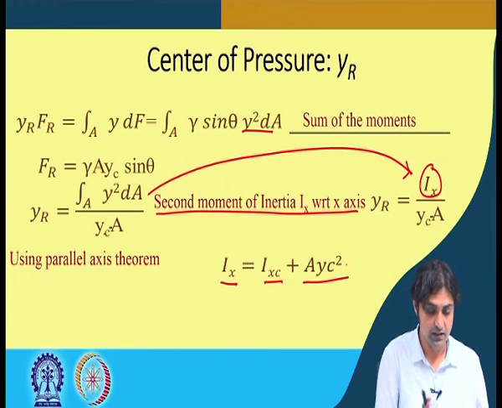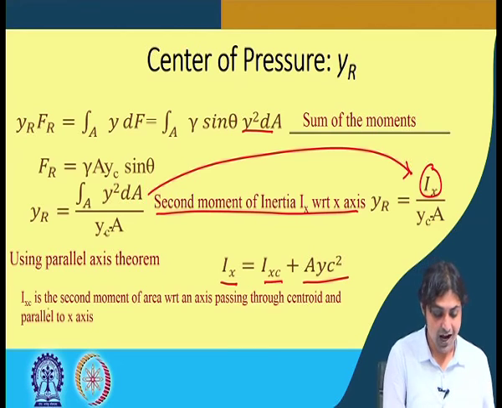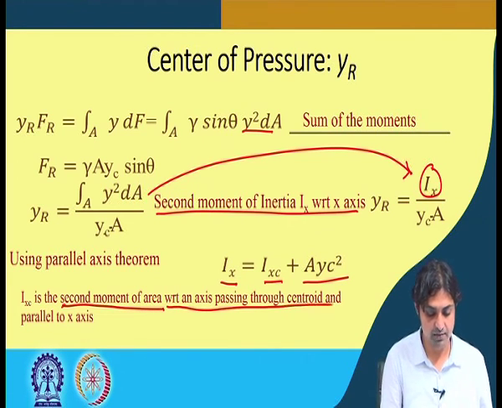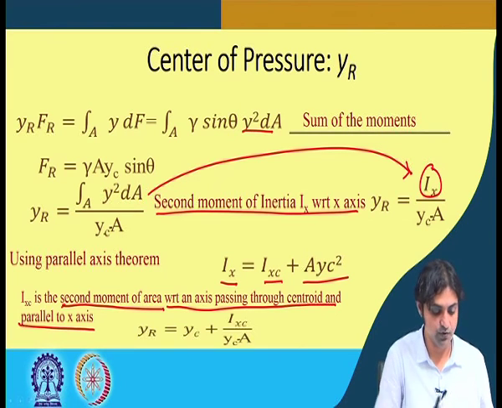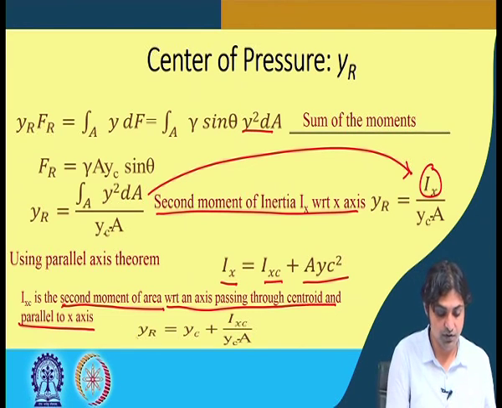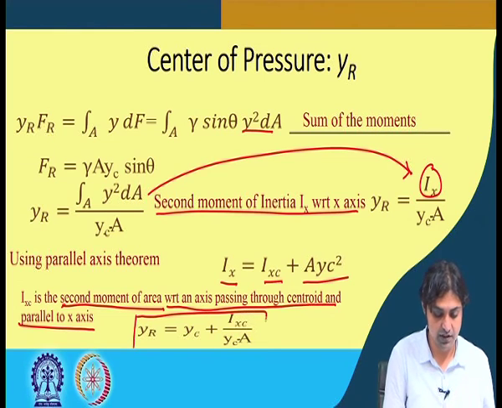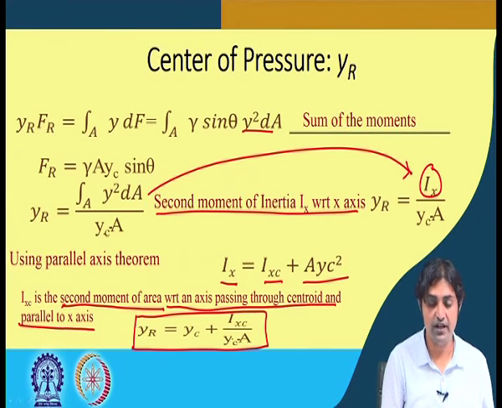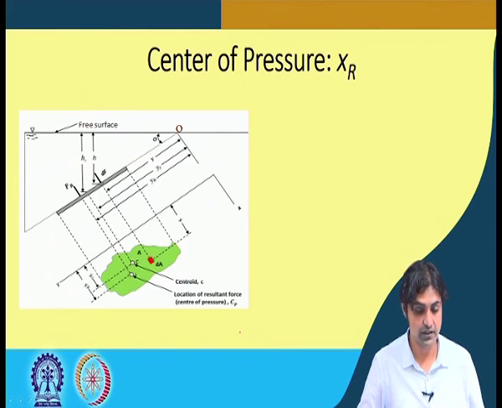Very simple, you have read this before as well. Ixc is the second moment of inertia with respect to an axis passing through the centroid and parallel to the x axis. Therefore the equation of YR can be written as yc, the centroid, plus Ixc divided by yc into A. Ixc is known, yc is known, and A is known, right.